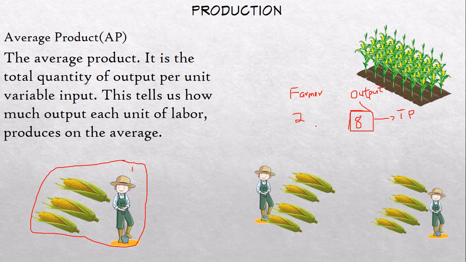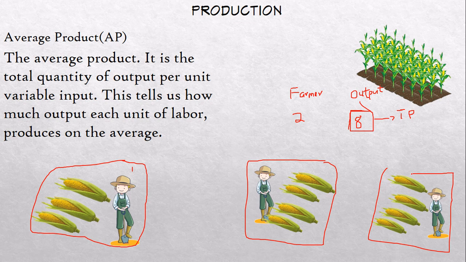That is what we mean by the average. With our case, the total product is 8, so on an average, every farmer was able to produce 4 maize.